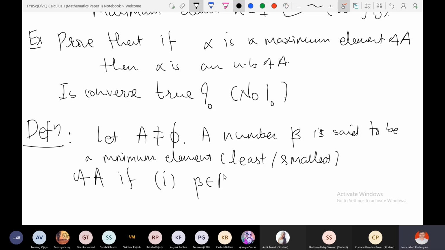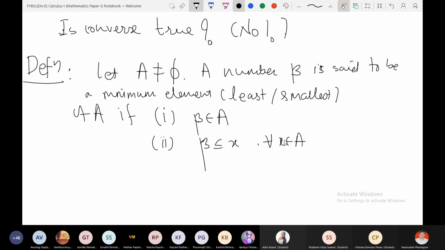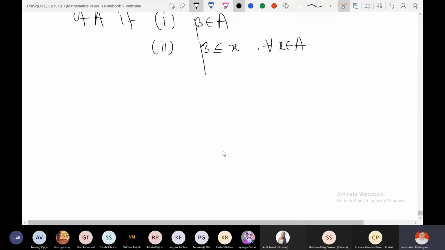Beta should be a member of A, it must be there in the set, and beta is less than or equal to X for all members X of A. So it is a member of the set and all other members are greater than or equal to beta.